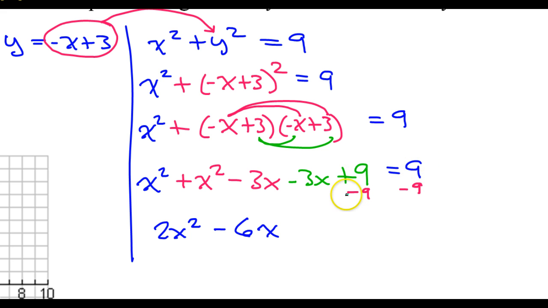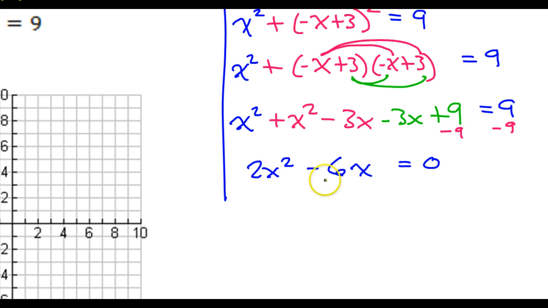That's going to cancel out both of these, so they're gone. So that's just going to give me equals 0. So somehow I need to solve this for x. Well, the way to do that is pull out the GCF. Let's just factor out the common factor. If I do that, I see a common factor of 2x.